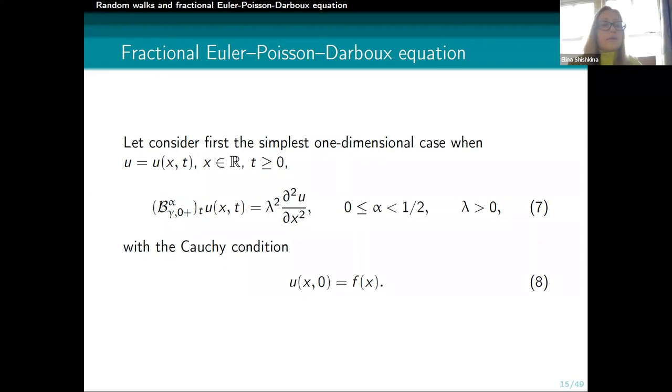Yes, I have such results, but probably they are not very interesting because the techniques are the same, and I do not know if it has a really applicational sense. But of course we can do it. I think this case is the one that has a lot of application, but I do not know if it is necessary to consider the fractional power here, but I can do it, yes.